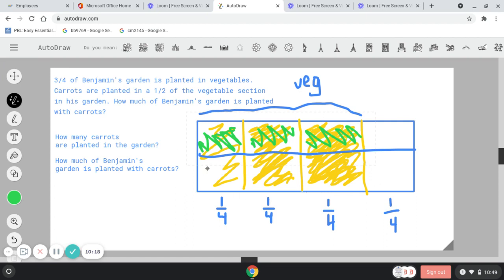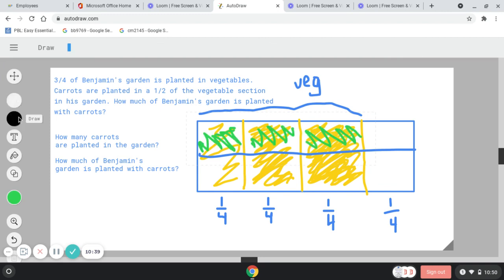So the vegetable garden was 3/4, and we took it and we split it in half. So that means in these three sections here, these are carrots. I'm going to put C on top of them so that we know that these three parts are carrots.